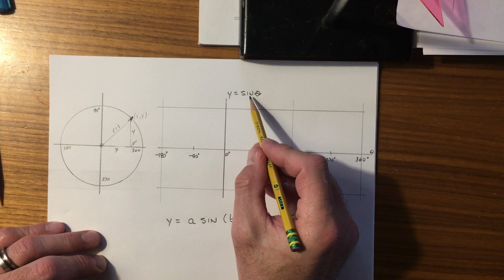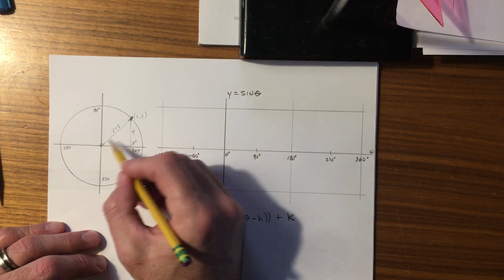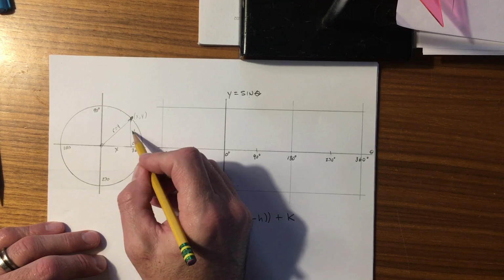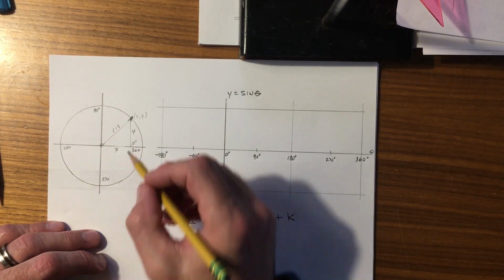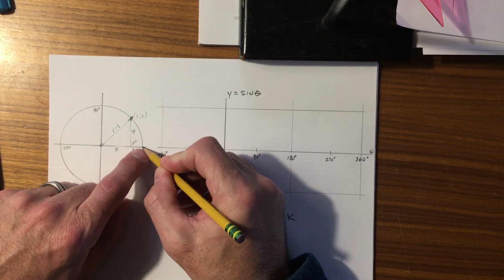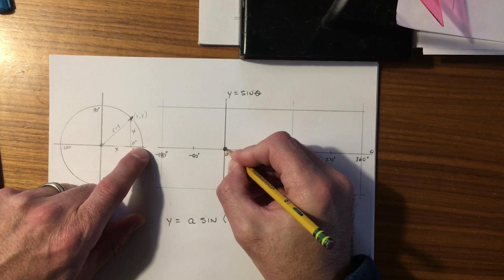And we know that if we wanted to graph the sine, which would be opposite over hypotenuse, or the y values as a function of theta, we could do that. When you're at 0 degrees, the y value is 0.